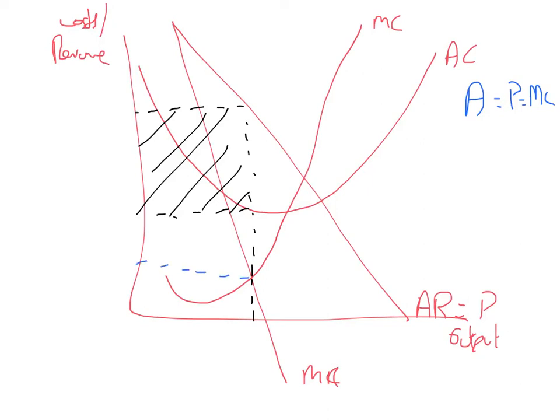The MC is down here, whereas the price is up here. So there's a massive difference between the price and the marginal cost. The price is much higher than the marginal cost, which means a monopoly is not allocatively efficient. And remember, this diagram shows both the long run and the short run, so you can just say a monopoly isn't allocatively efficient.